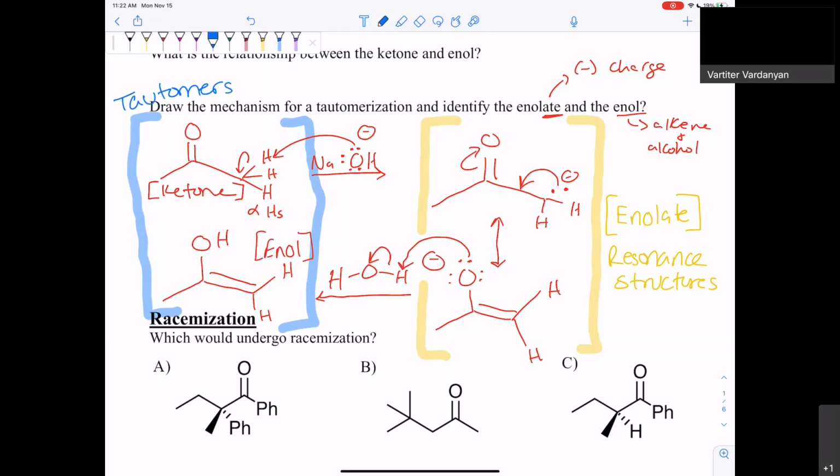Should have given myself more room. And overall, this reaction is called a tautomerization, which is written here, so you guys don't have to spell that out.